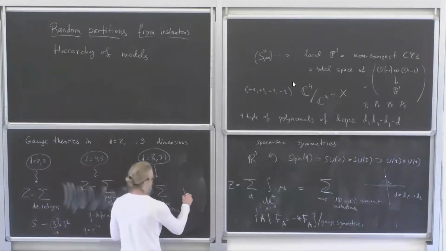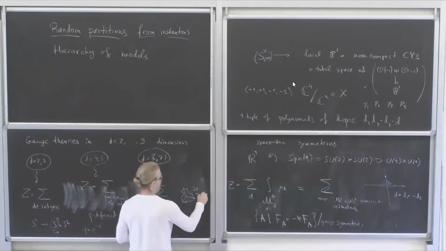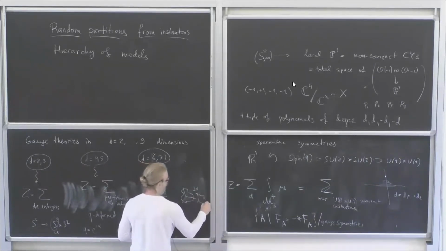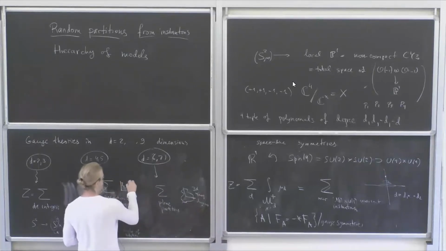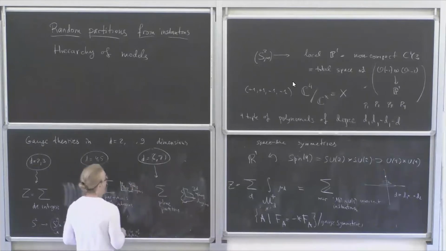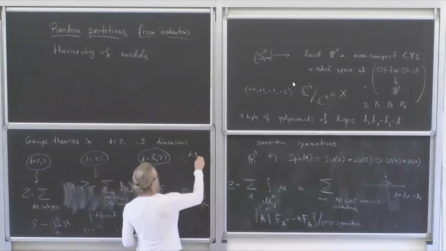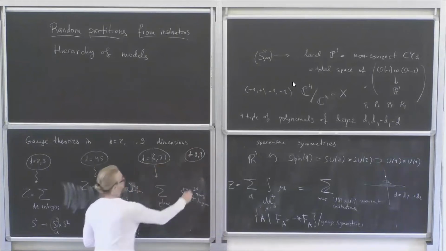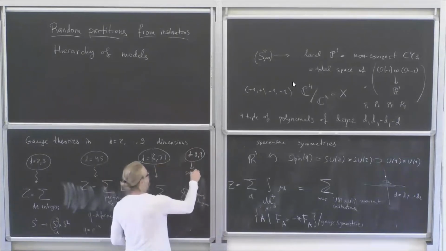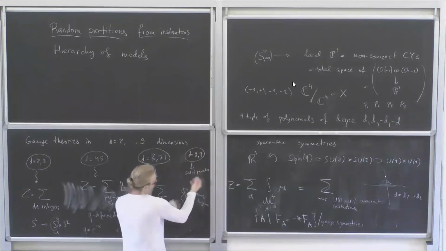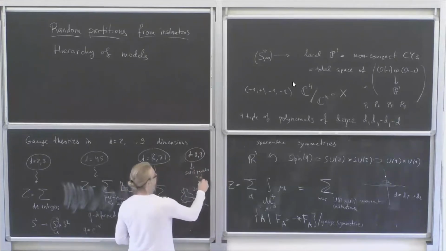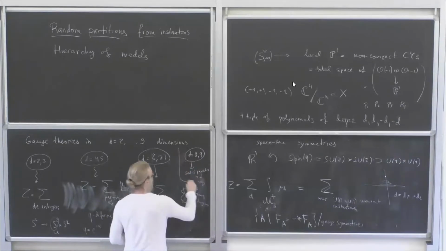So these we can depict as three-dimensional Young diagrams. And if you go to 8 or 9 dimensions, you'll get solid partitions, which I cannot draw. So these are 4-dimensional Young diagrams.